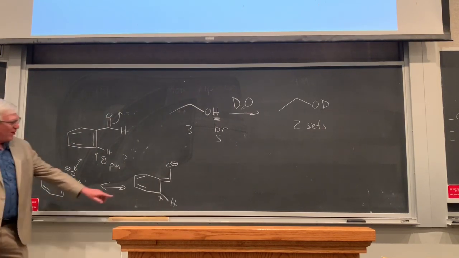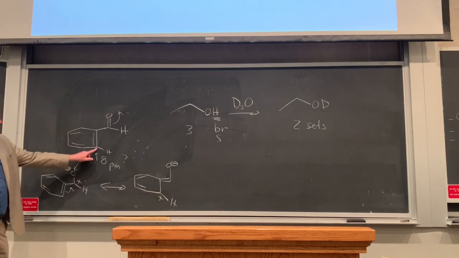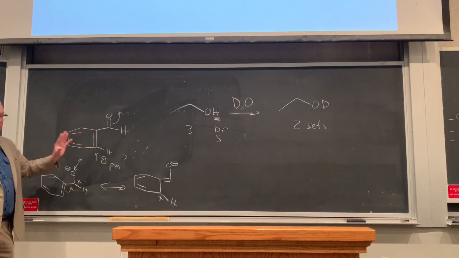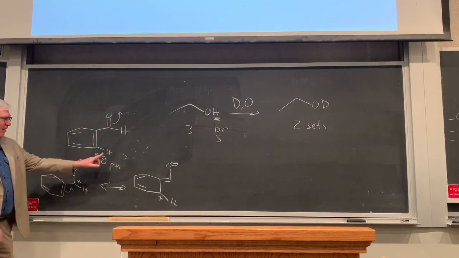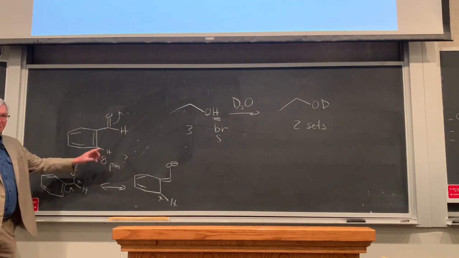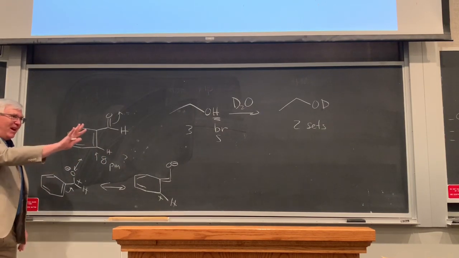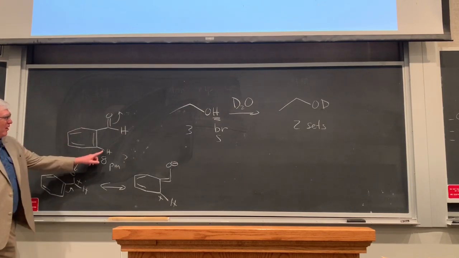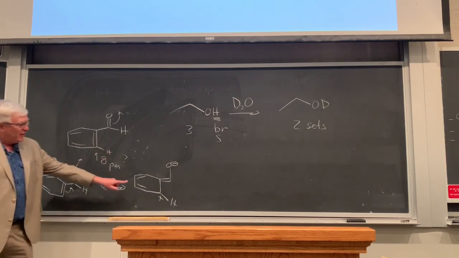So if there's partial positive charge here, what does that do to the shielding of this hydrogen? Well, it's withdrawing electron density. Remember, electrons help shield nuclei. And the more shielding we have, the lower the frequency toward TMS. But if we have less electron density around the hydrogen atom, the nucleus is more exposed to the external magnetic field, and it's shifted to what?